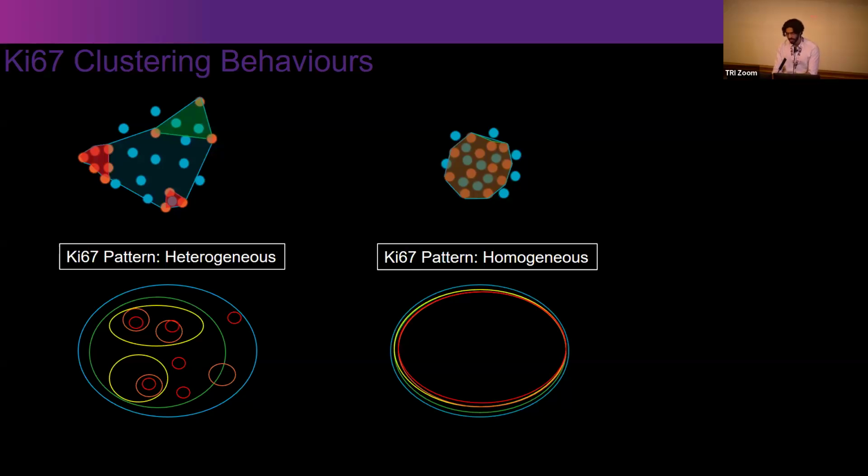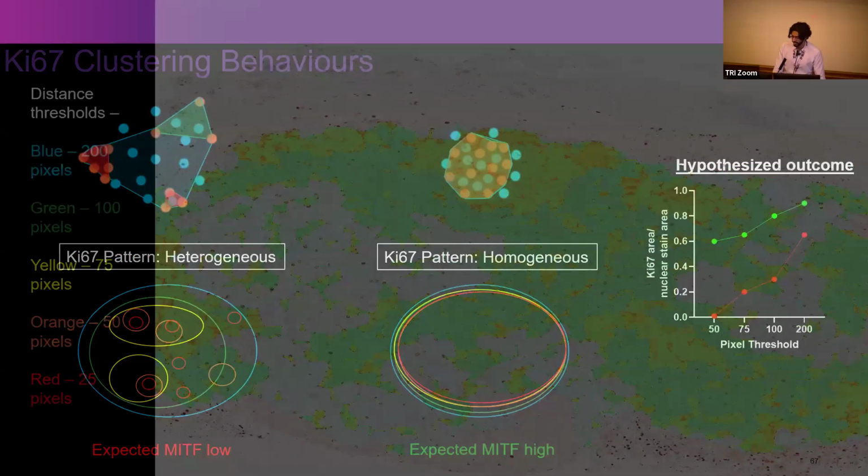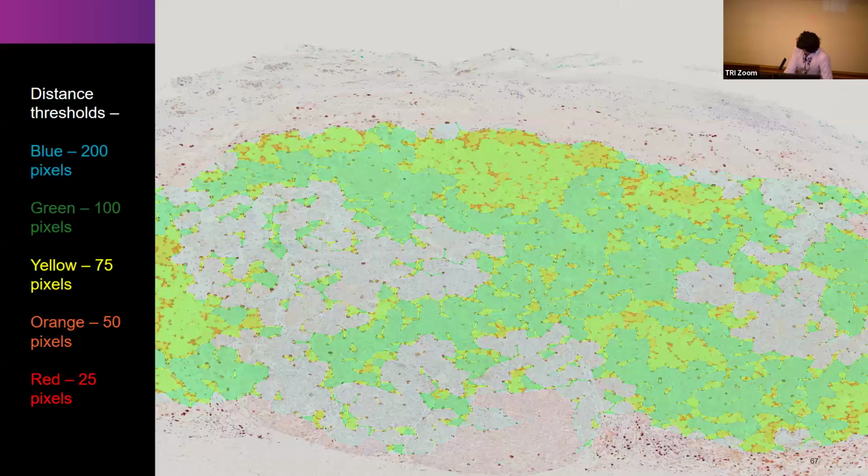The area that we encapsulate, we can then plot, with green on the right here being hypothesized to be MITF high because you have that homogeneous spread. So you get a very short decline in that area ratio. Whereas if you have sharp changes, you get a very drastic drop across the area and the pixel threshold that we use. And essentially what that looks like as you overlay them is this image here.